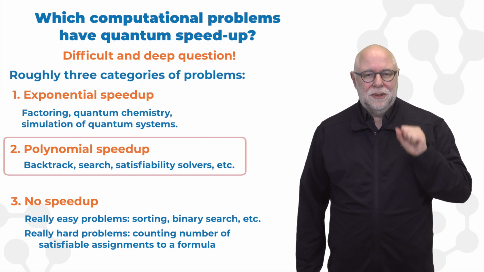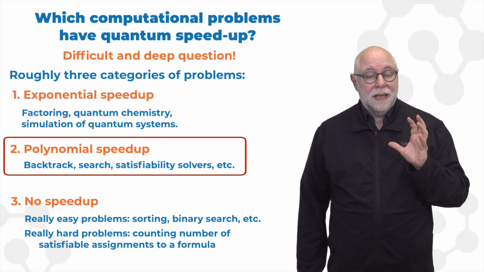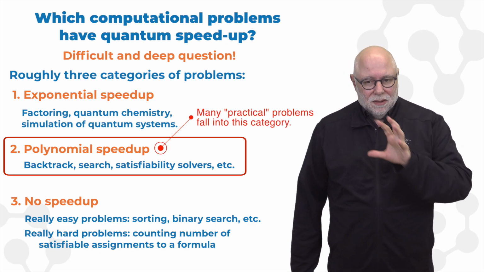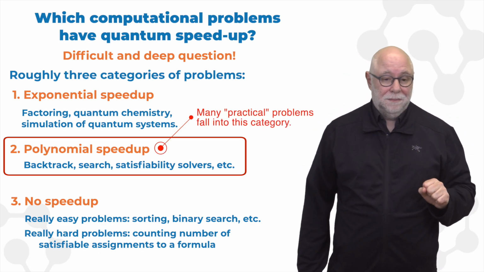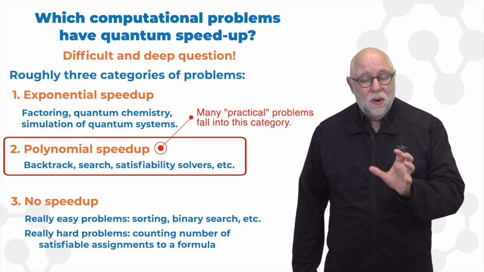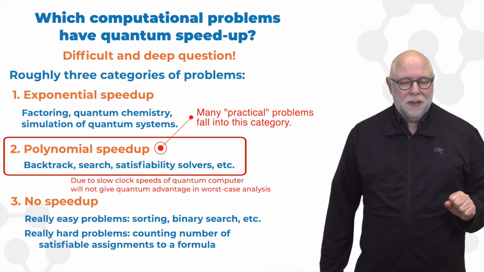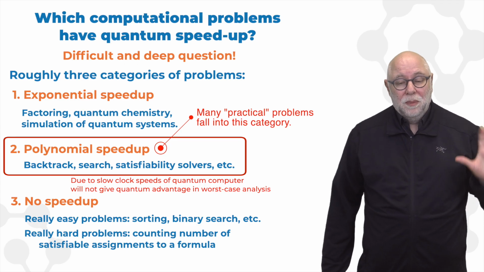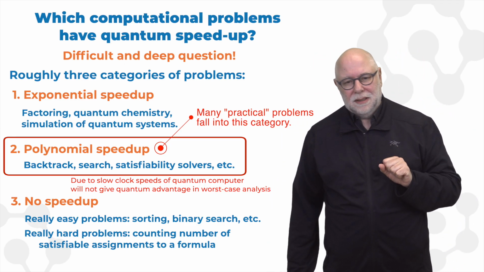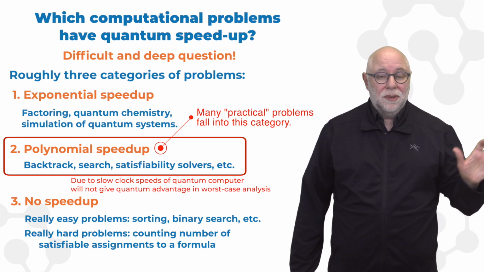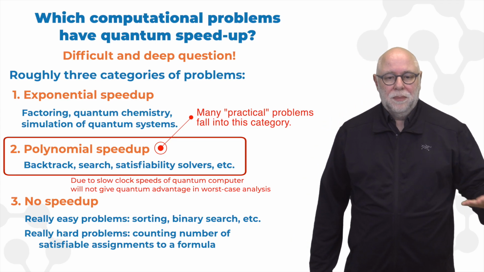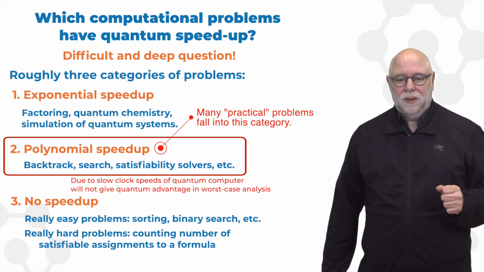However, this middle set of polynomial speedup is extremely interesting because many, many problems in practice fall into this category. Now, the sad news is that due to slow clock speeds of the quantum computers in the near future, this polynomial advantage that these problems have on a quantum computer is washed away by the slowness of the quantum computers compared to the classical computers.